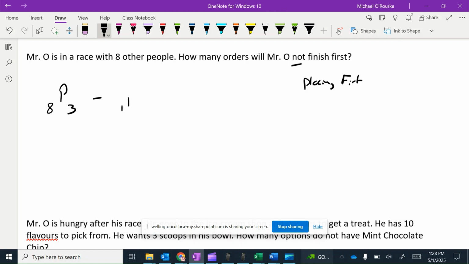So I'm going to go 1P1, put me first, times, well, 1 second, that's 9. Because it's Mr. O and 8 other people. And this is going to be 8P2. So 8 people are in the race, they can finish second and third. Because I'm going to finish first.